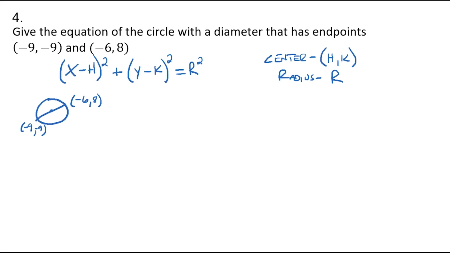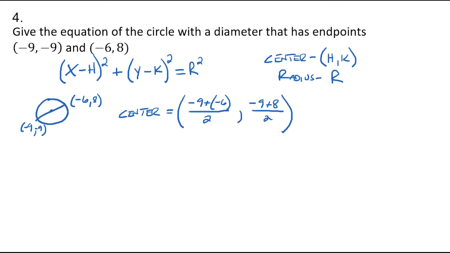So our center would be equal to, the x values is -9 plus -6, and we're going to divide that by 2. And then our y value for our center would be -9 plus 8 divided by 2.